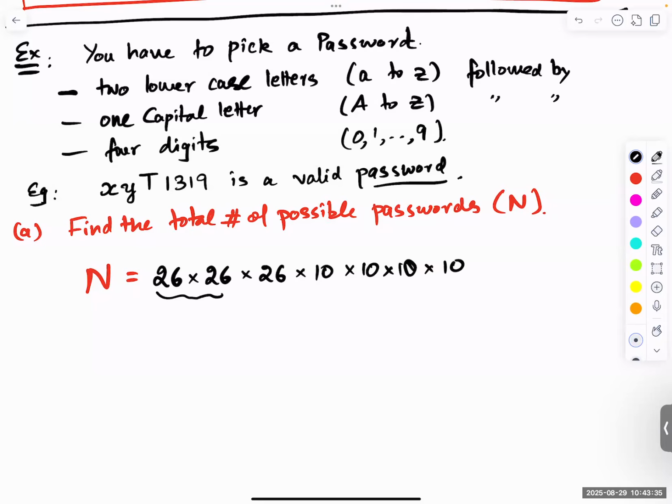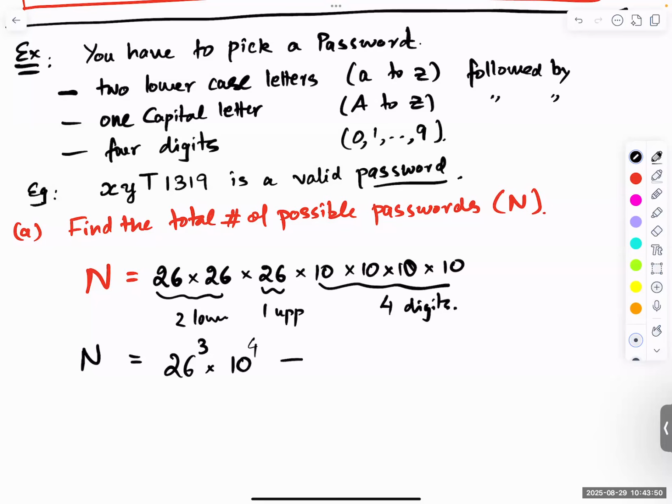So these are the two lowercase, one uppercase, and 4 digits. Okay, so this is 26 raised to power 3 times 10 raised to power 4. That's the number of possible passwords. So this is the total number of possible passwords. Okay.